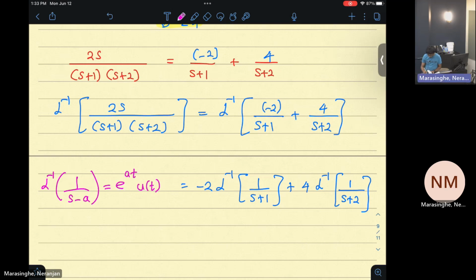So I would get -2 e to the, now I need s plus 1, so instead of a, I need to put -1, negative t, plus 4 times e to the -2t. This is my answer.